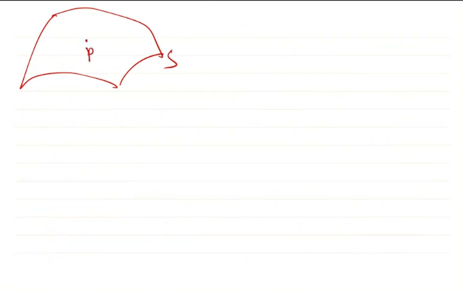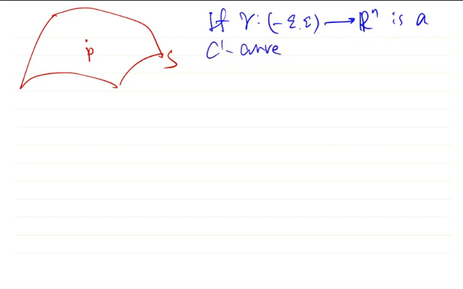So to solve this question, suppose this is our S and P is here. We consider a curve gamma from minus epsilon to epsilon into Rn, a C1 curve passing through P. So the image of this curve is this.